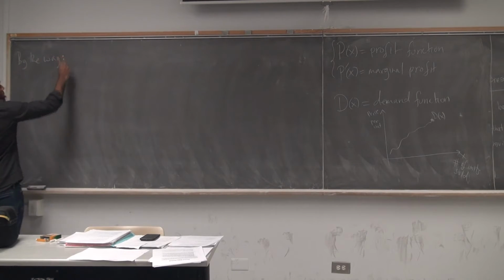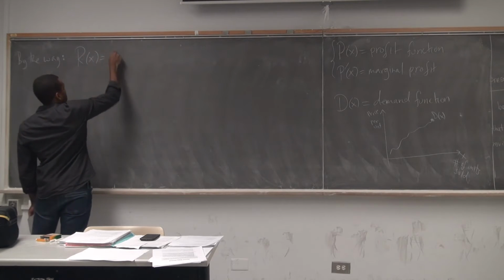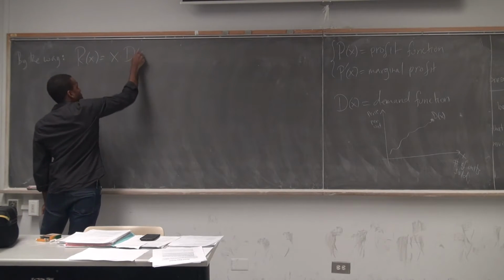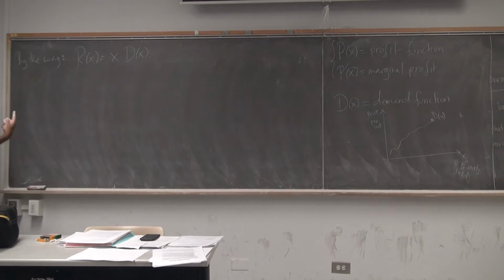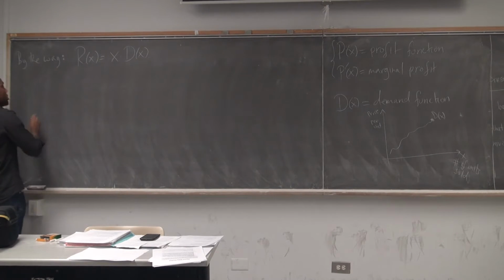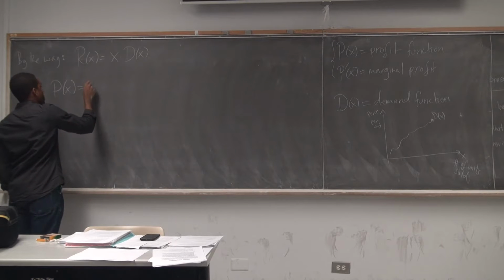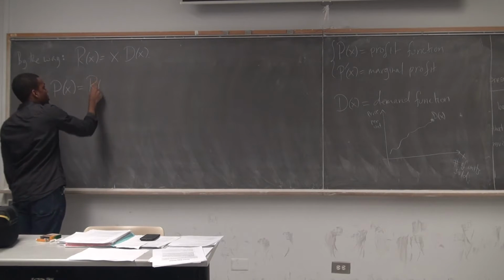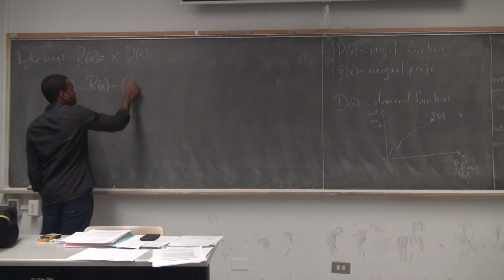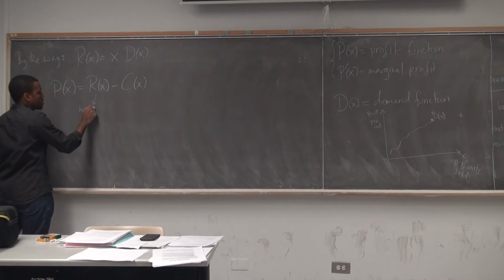By the way, if I know the demand function, my revenue function is actually equal to x times the demand function. I used that idea when I did the hot dog stand example in lecture 1. And also, the profit function would be equal to the revenue function minus the cost function. Remember, revenue function can be thought of as how much money you make for selling X items.